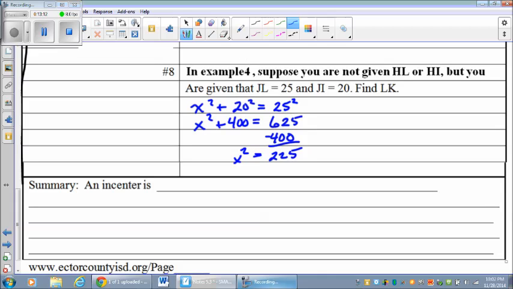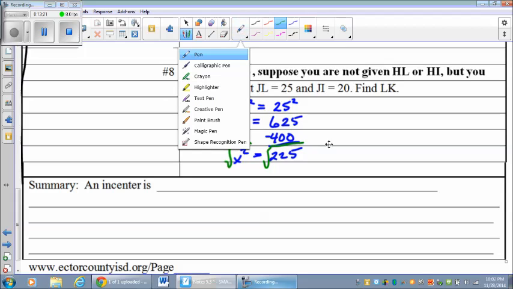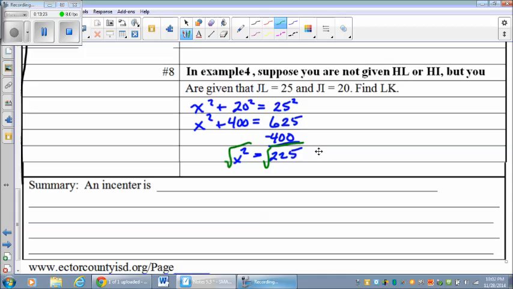Then to get rid of the square, I have to take the square root of 225, which means x is equal to 15. The x represents the side that I have, so that means LK is equal to 15.